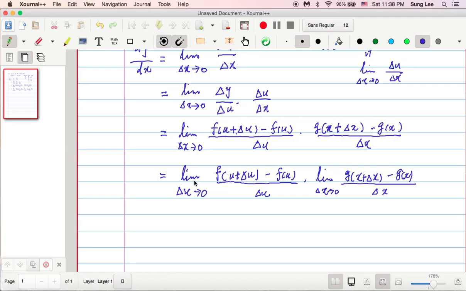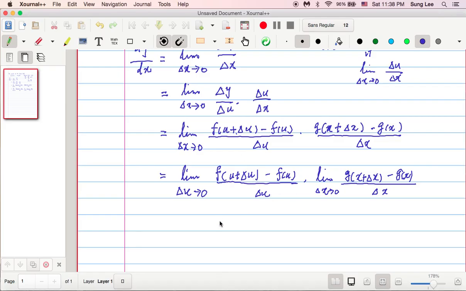Okay, the reason we can write the previous limit as the product of these two limits is that each of the limits exists, right?